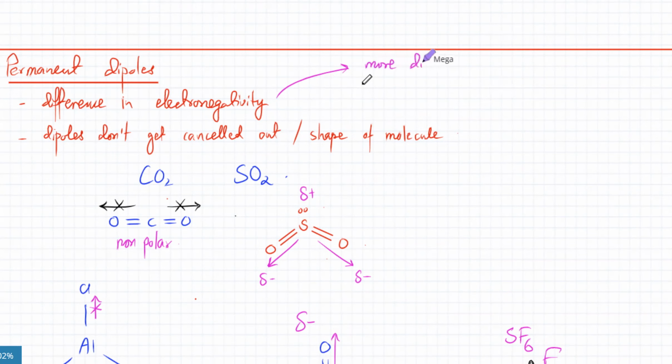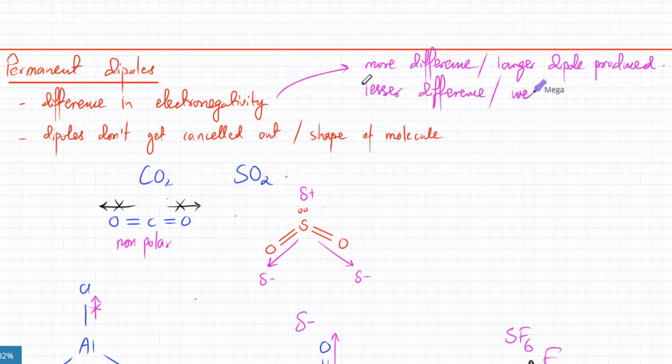So if there is more difference, a larger dipole is produced. Lesser difference, a weak dipole is produced. Or we can say that the molecule is almost non-polar.